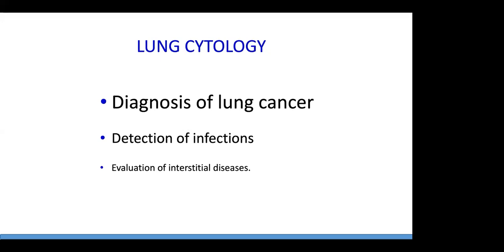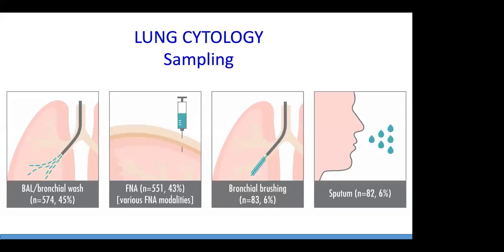So we use lung cytology, especially today, for the diagnosis of lung cancer in general, but also for the detection of infections and, in some special hospitals, for the evaluation of interstitial disease of the lung. Lung cytology has one peculiarity because it's not only one type of cytology.